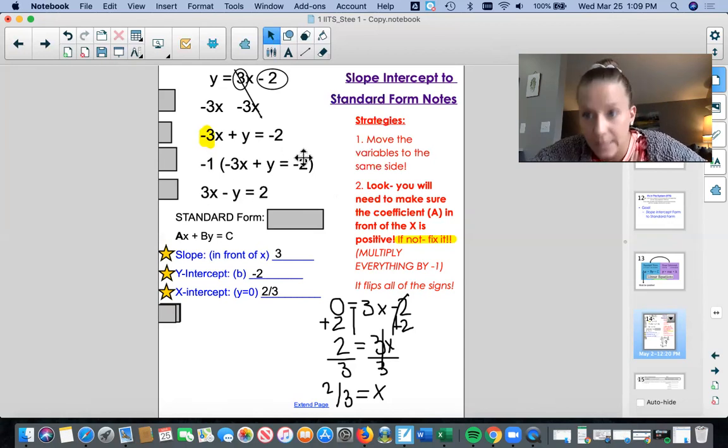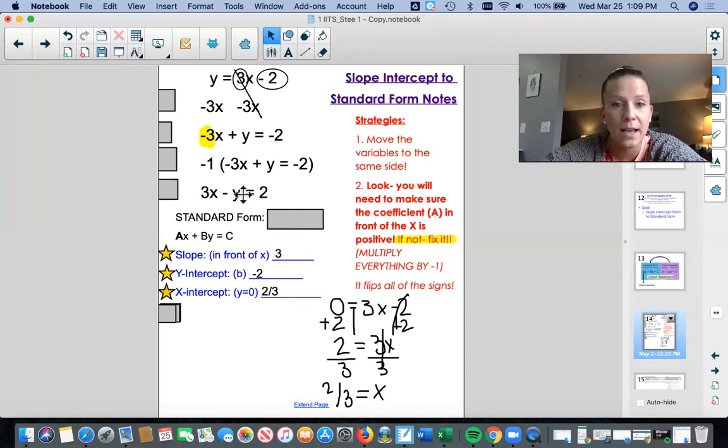Negative 1 times negative 2 becomes a positive 2. So if we look here, was negative, now positive. Was positive, now negative. Was negative, now positive. So the shortcut would be you're just flipping all the signs, but really you do that by multiplying everything by negative 1.